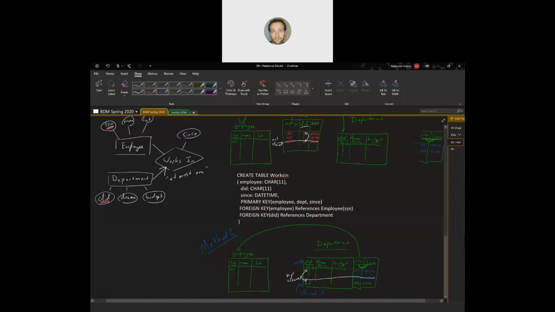Allowed if unique key. Not allowed if primary key.